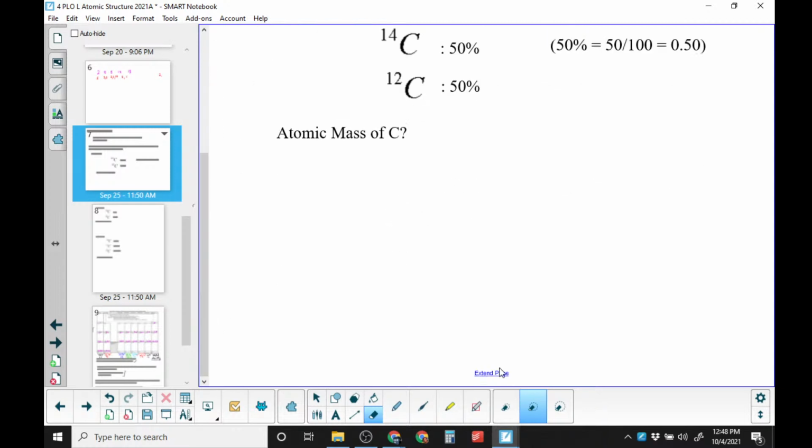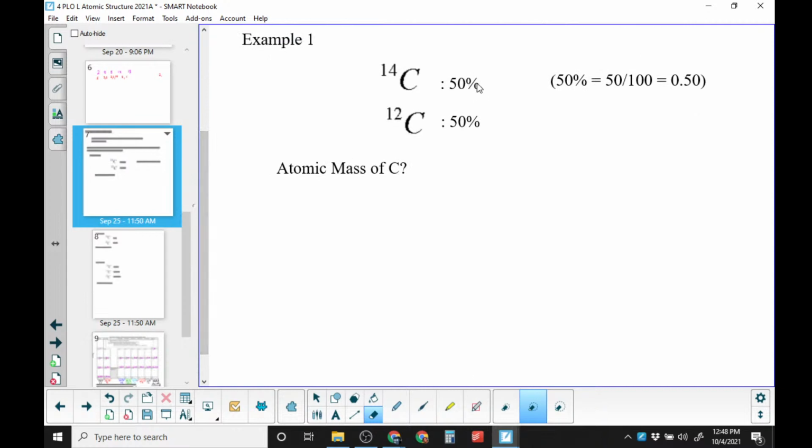So, how we do this is we're first going to calculate, if there's 50-50, if 50% of it is carbon 14 and 50% is carbon 12, what is the mass from that first 50%? If half of it's carbon 14, then what is the mass of that 50%?